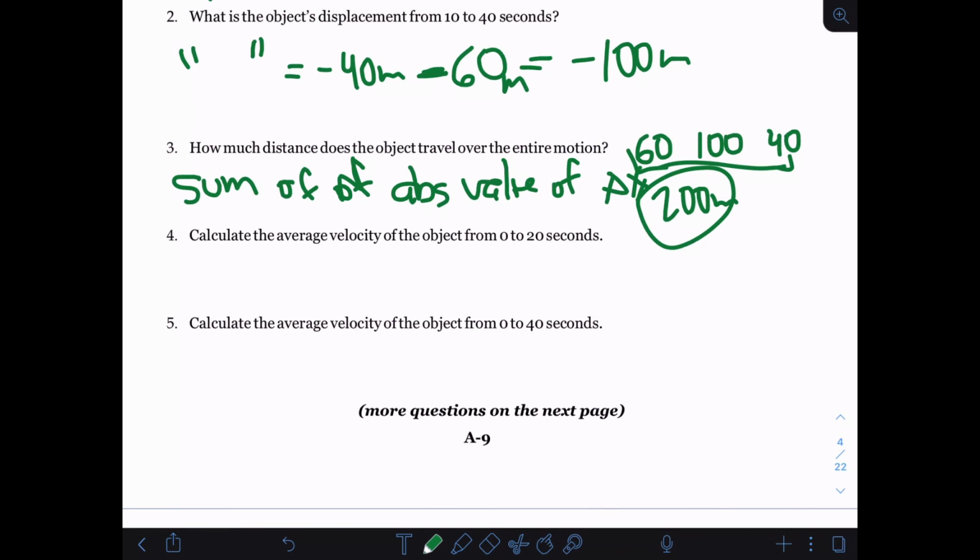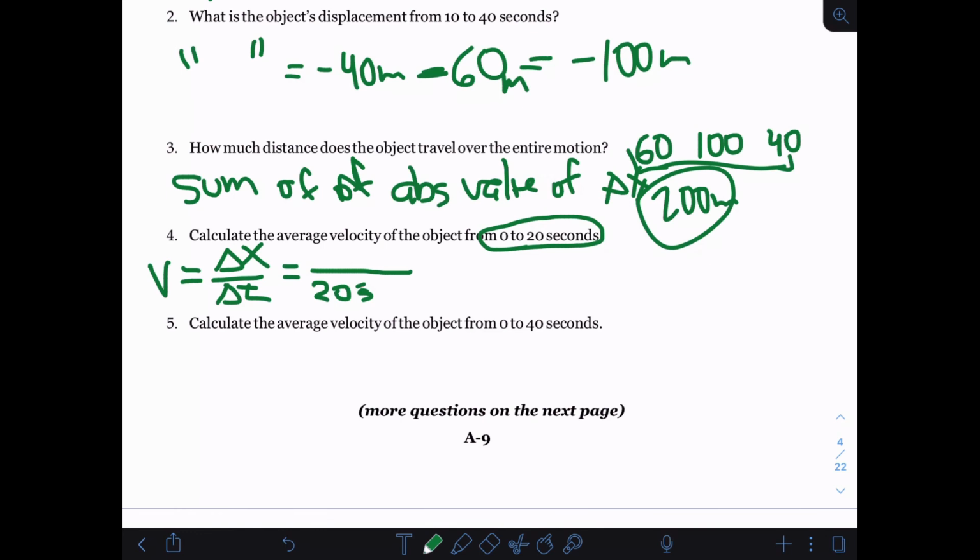On a position time graph, if you want to figure out average velocity, the average velocity is defined as the displacement divided by the time, or the change in position divided by time. So delta x over delta t. So we need to know what is the displacement that occurred from 0 to 20 seconds. The change in time is 20 seconds. We go from 20 to 0, so 20 minus 0, as far as the math goes.